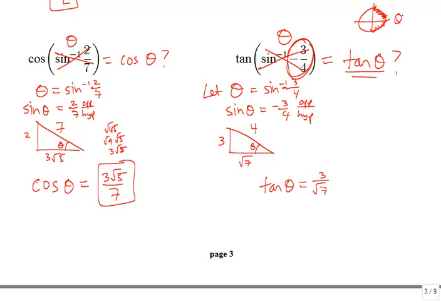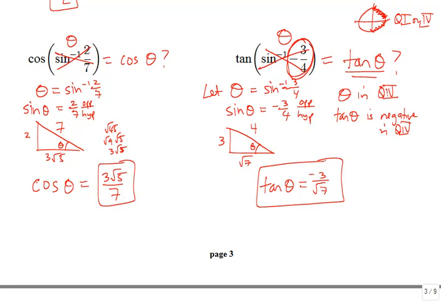So we need theta to be either in quadrant 1 or quadrant 4. Since this is a negative 3/4, theta needs to be in quadrant 4. So what sign is tangent in quadrant 4? Tangent is negative in quadrant 4. So our answer shouldn't be 3 over root 7, it should be negative 3 over root 7. And if you want to rationalize the denominator, you certainly can.